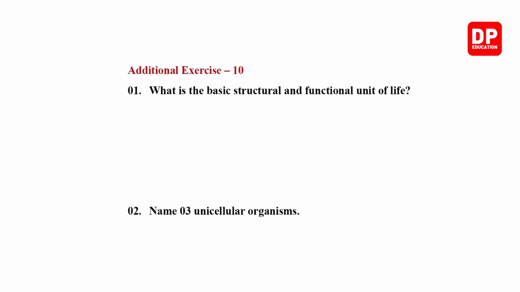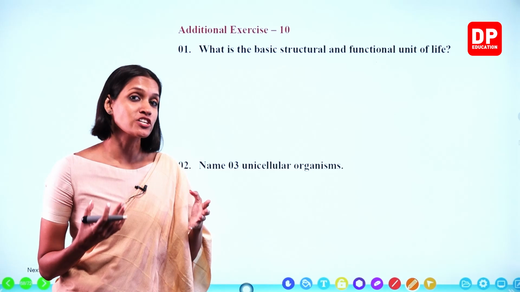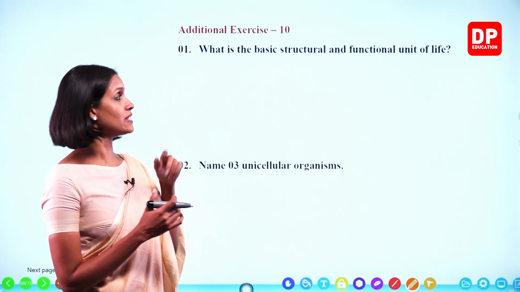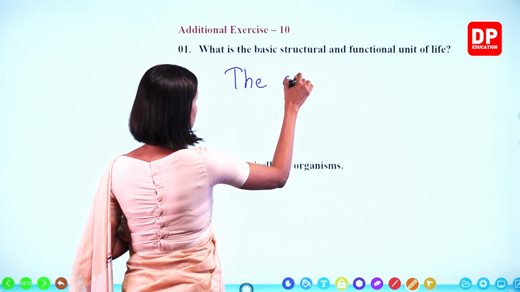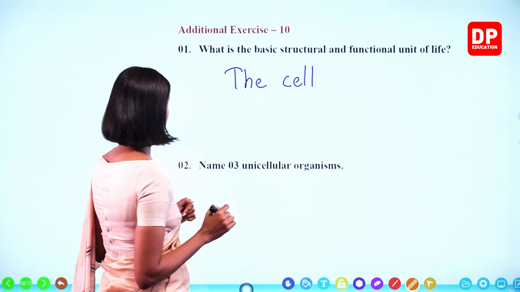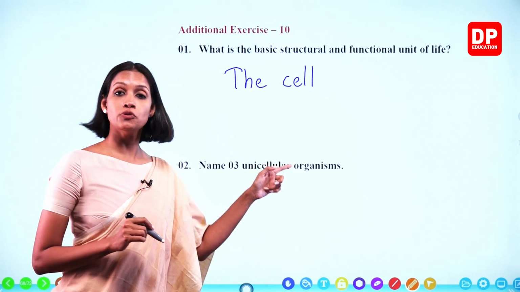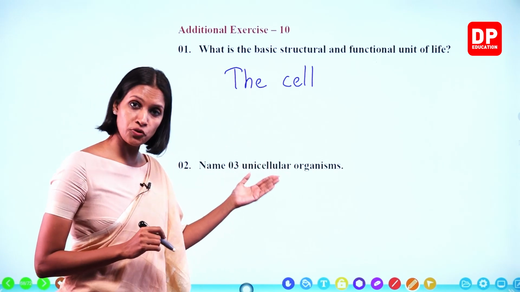Okay, exercise number 10. What is the basic structural and functional unit of life? We discussed this. That is the cell. Name 3 unicellular organisms. We did this before as well.